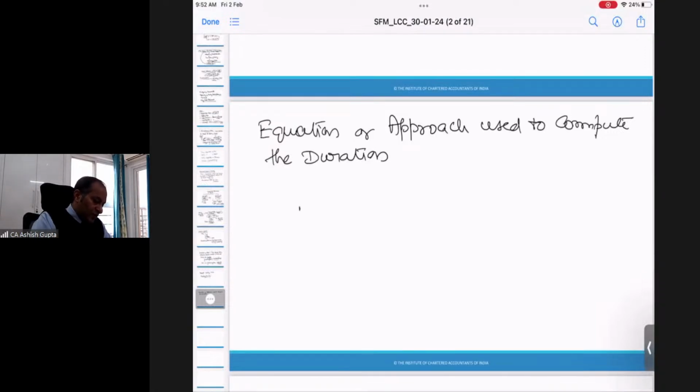Okay. Duration is equal to, first we shall compute the Macaulay duration, then we shall compute the modified duration.